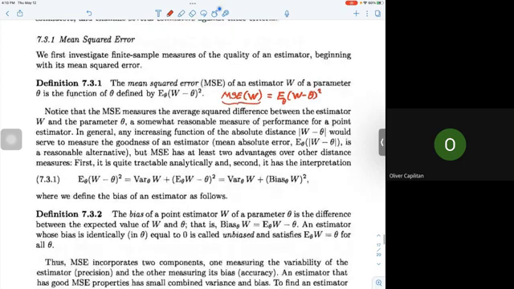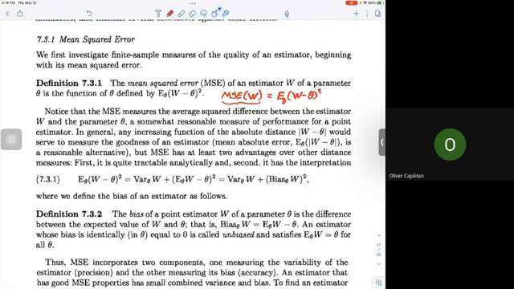Okay, so notice that the MSE measures the average squared difference between the estimator W and the parameter theta. Kasi yung expectation dyan, pwede naman sabihin natin it's the mean. It's the mean of the square difference of the estimator and the parameter. Iba yung expectation considered as the mean.